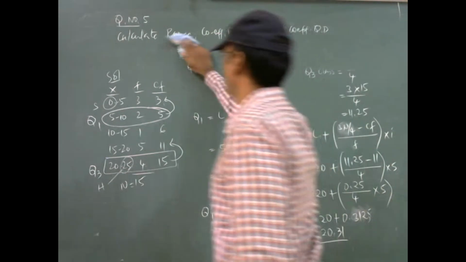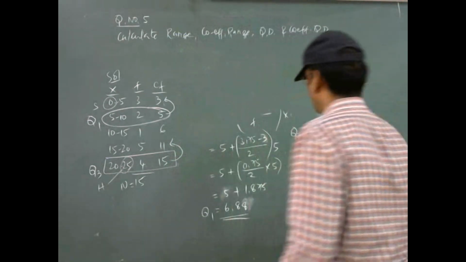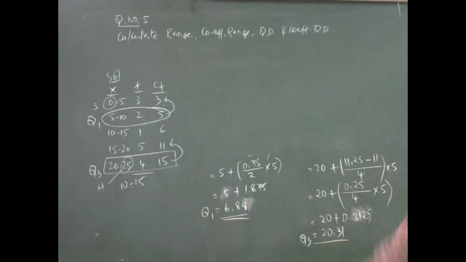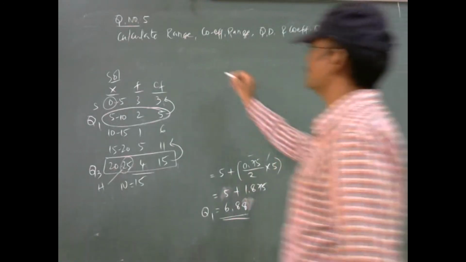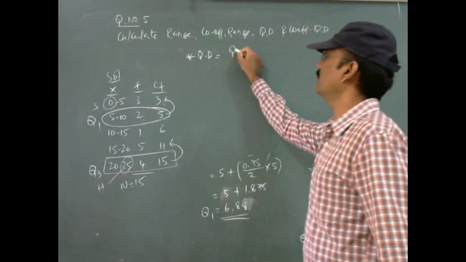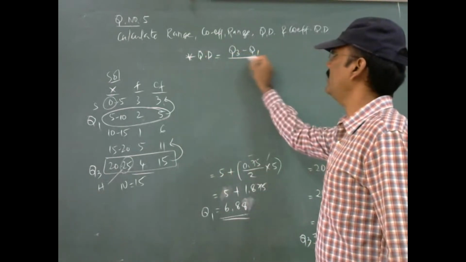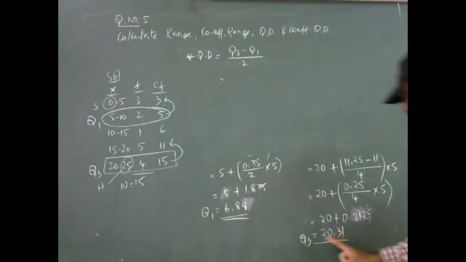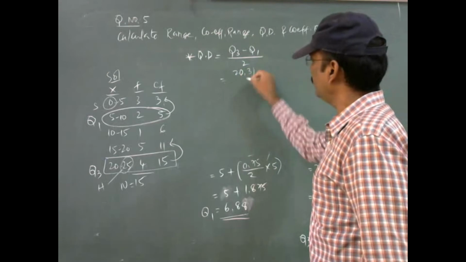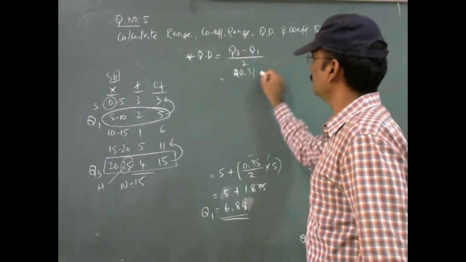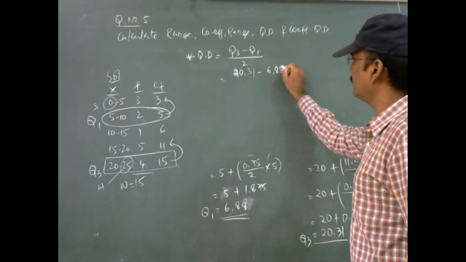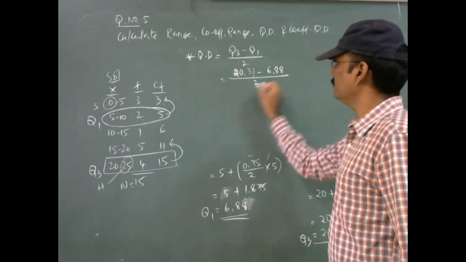Now you start the solution of quartile deviation and interquartile deviation. First we will do the quartile deviation. The formula is like this: quartile deviation equals Q3 minus Q1 divided by 2. What is Q3 here? Q3 is 20.31, minus Q1, which is 6.88, divided by 2.